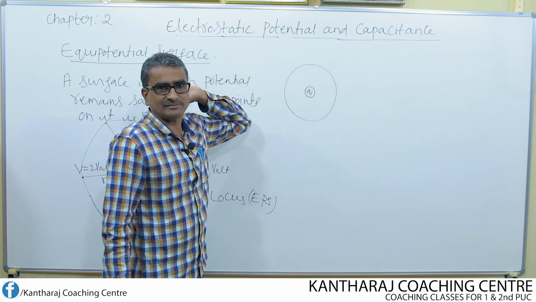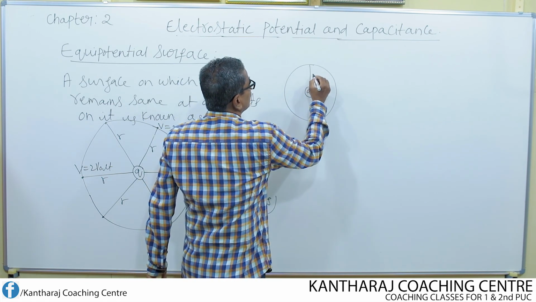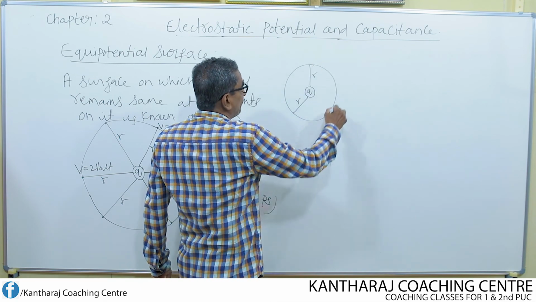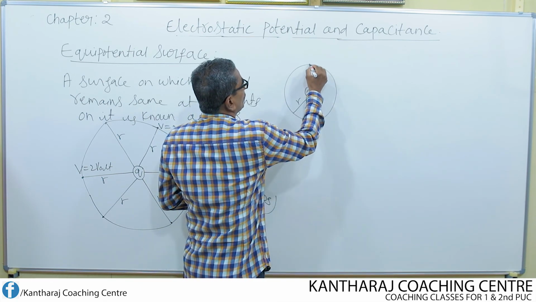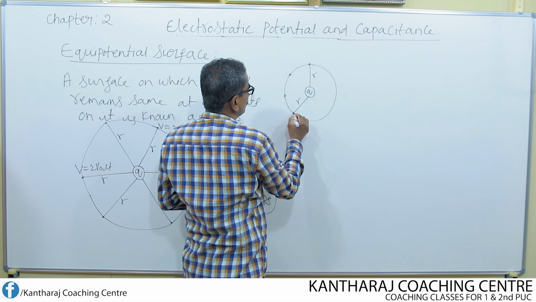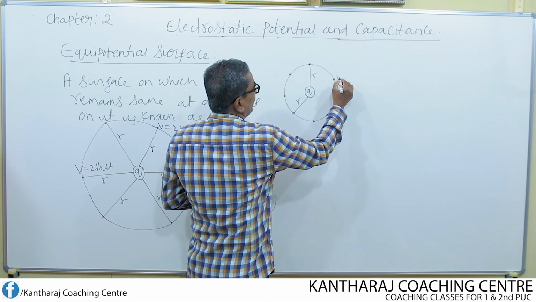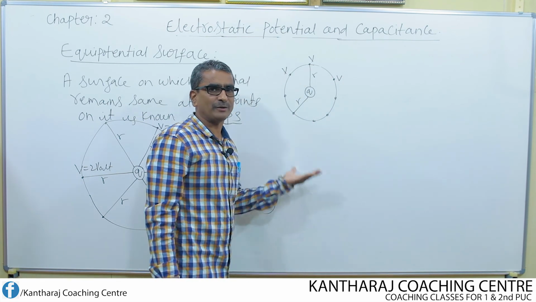This locus can be considered as an equipotential surface. I have redrawn the same figure here, where the distance is r. At any point on this surface, the potential remains the same. You choose any point, the potential is V, whatever it may be: 2 volts, 5 volts, 10 volts.